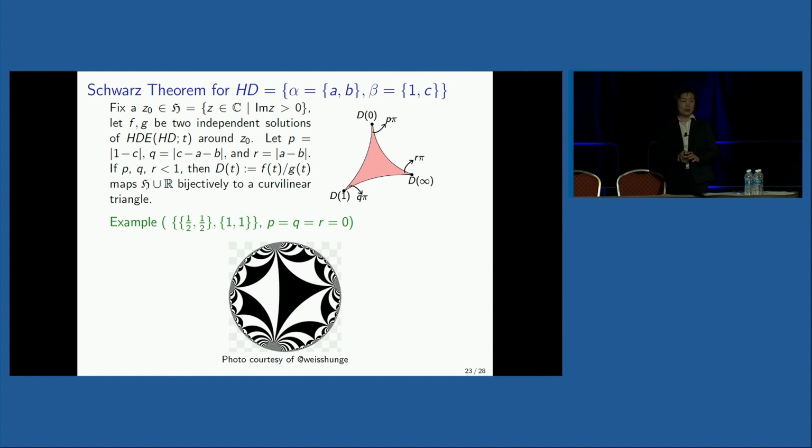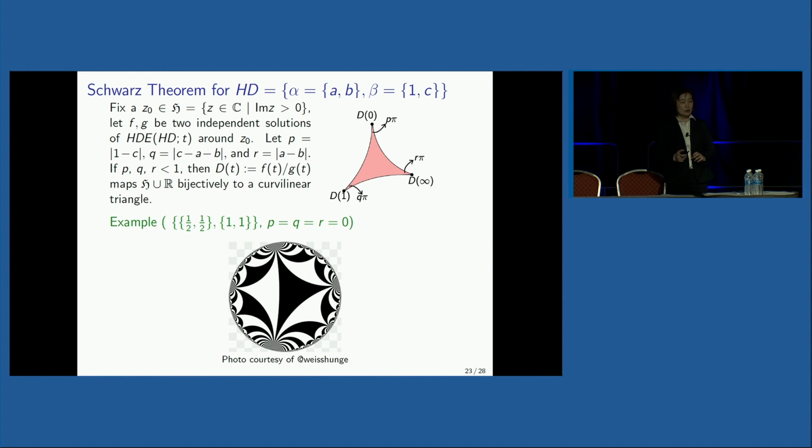So it says the following: if we go back to the hypergeometric datum of length 2, so alpha now consists of A, B, beta consists of 1, C. And if I have such a hypergeometric datum, we can look at the corresponding differential equation, which is order 2. And now pick any Z0, which is located on the complex upper half plane, and look at any two solutions, linearly independent near Z0.